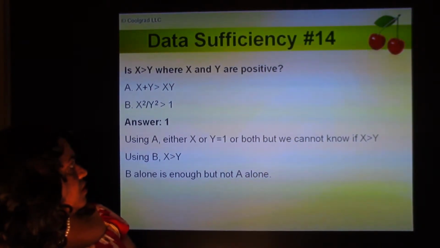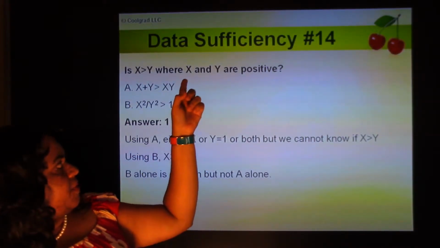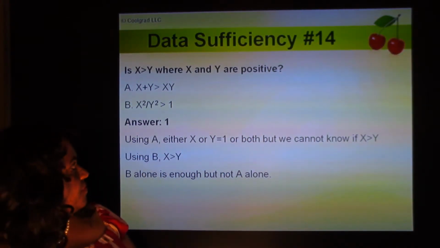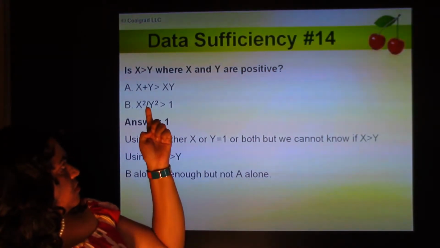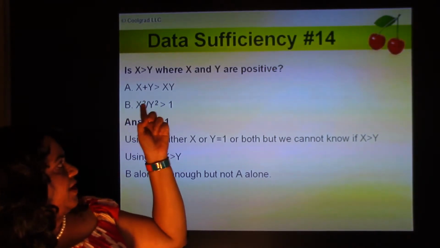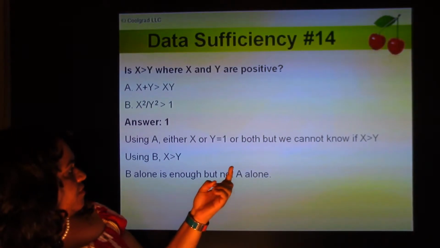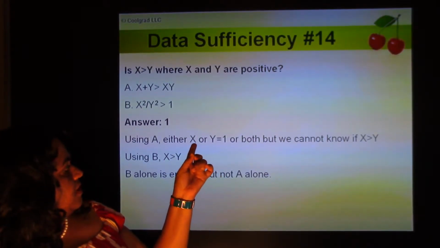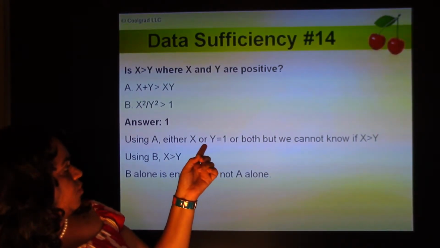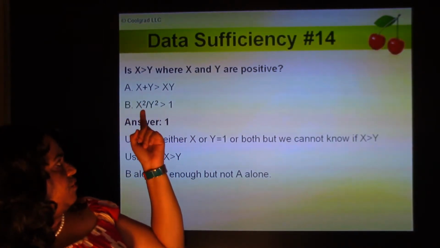So remember x and y are both positive, okay? So the only time you can have x plus y greater than xy is when either x equals 1 or y equals 1. So let's say we have x equal to 4.